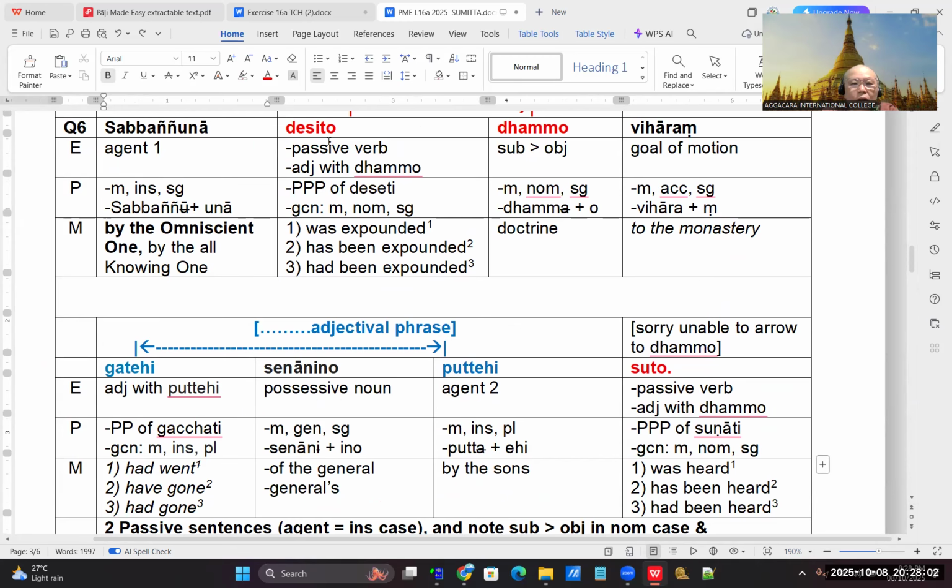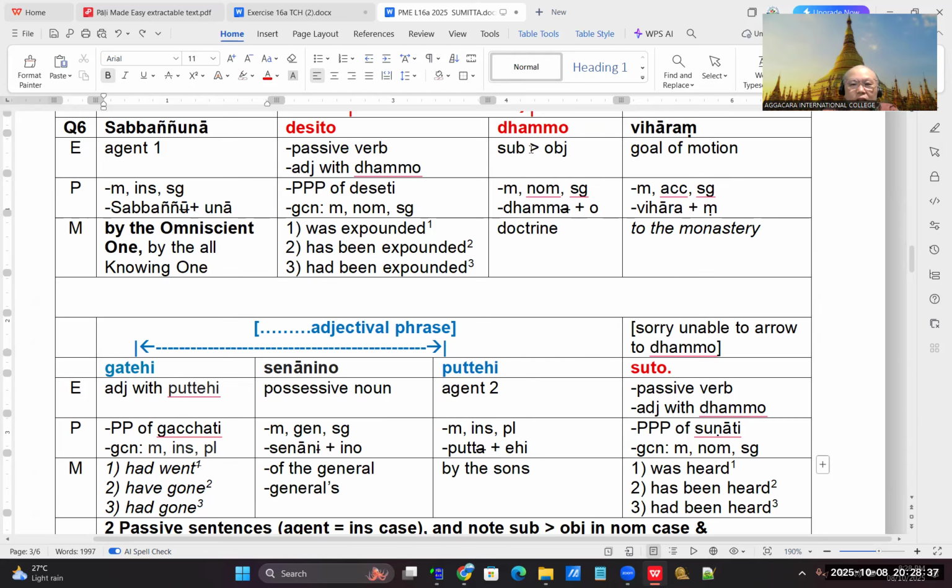The Dhamma expounded by the omniscient one, heard by the sons, puttehi, of the general, senanino, sons of the general who had gata, from the past participle, who went to the Vihara, monastery.